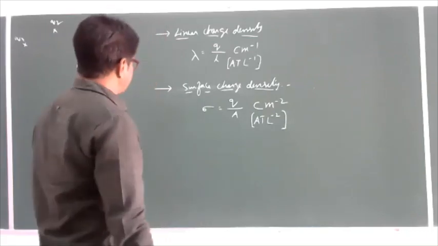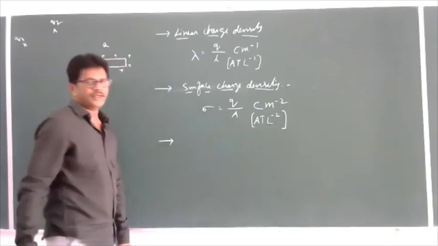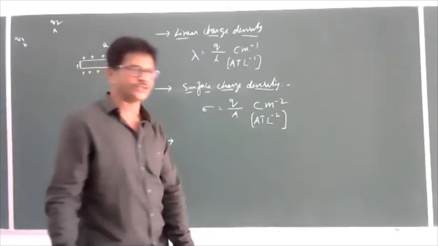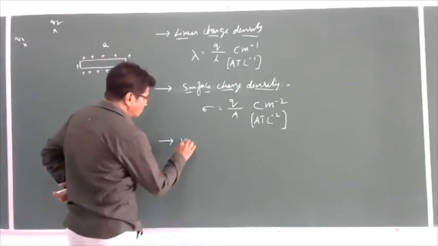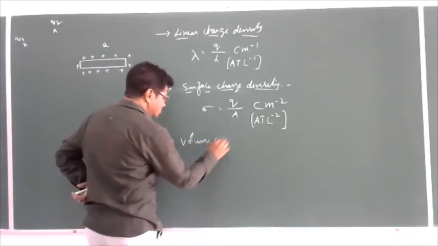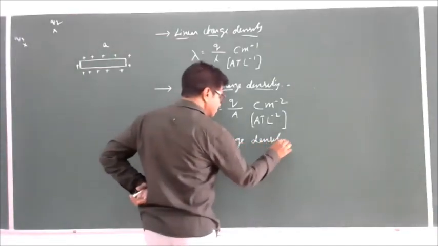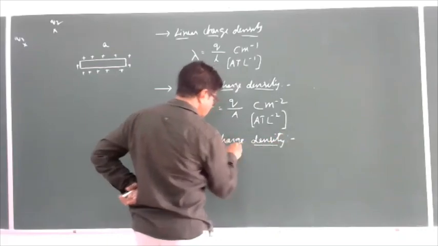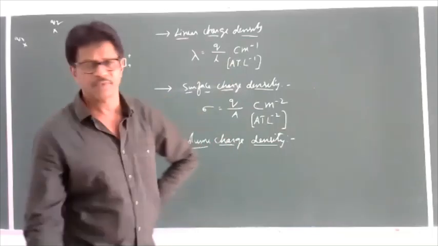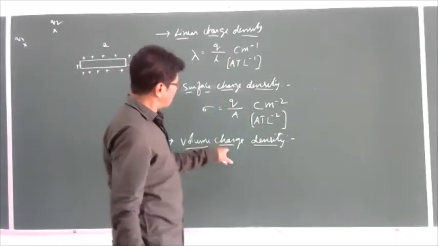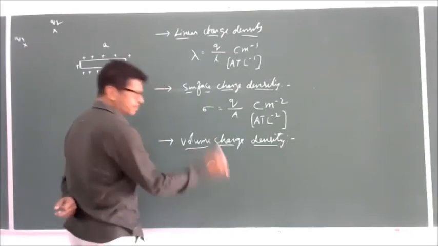Next case, in case of a three-dimensional structure, we'll go with the volume charge density. A three-dimensional structure might be a sphere and such cases. It is denoted with the symbol rho.